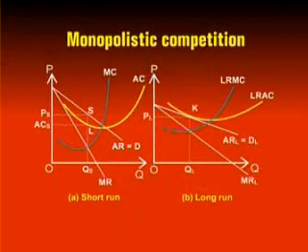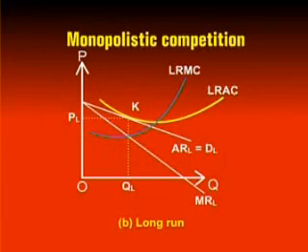Now, let's see what happens in the long run. Since there are no barriers to entry in the long run, that is, other firms can come in, if the firms in the monopolistically competitive industry are making supernormal profits, more and more firms will come in. And as they come in, the supernormal profits will gradually disappear, and the new number of firms will eventually produce at the point where the demand curve becomes tangent to the long run average cost curve.